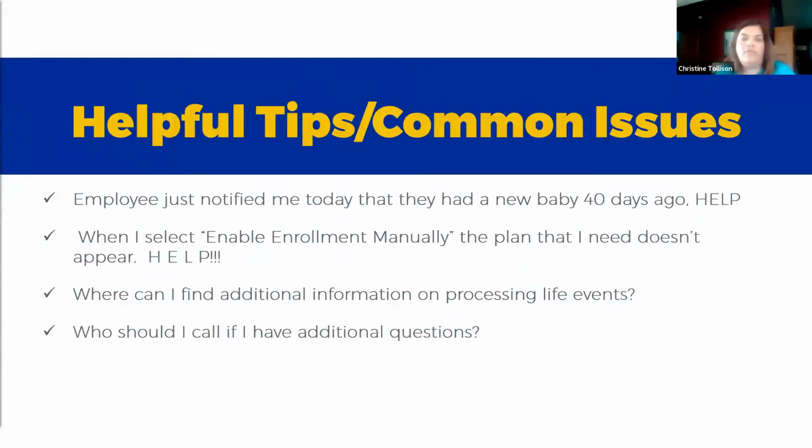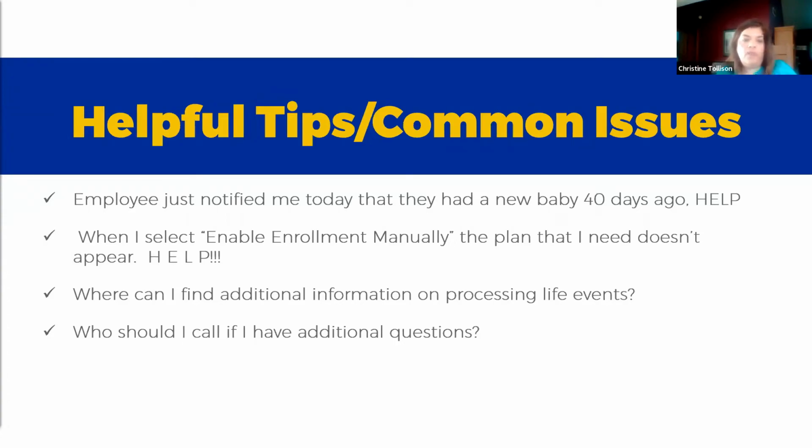But as Lindsey said, if you find that it's common, you're getting the information 30, 31 days, and you're entering it on day 35, just let us know and we'll update the system to allow you to still enter that information that far out.